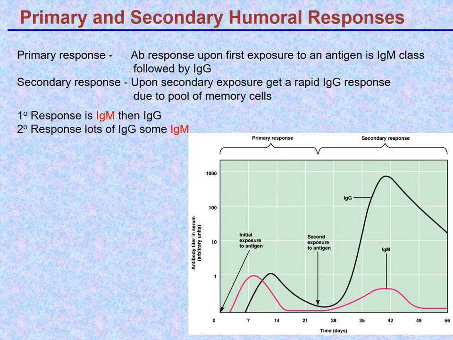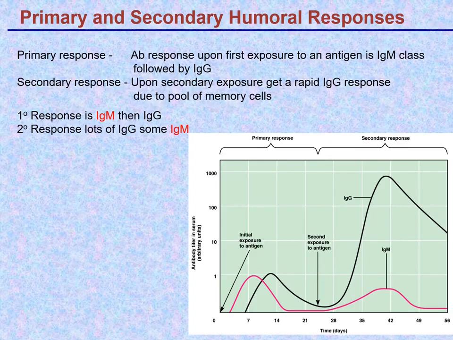When it enters the first time, because of the process of clonal selection, if the microorganism establishes and starts to multiply in the body, then molecules from it will at some point contact a B cell that has the right antibody on its surface that can react to it.